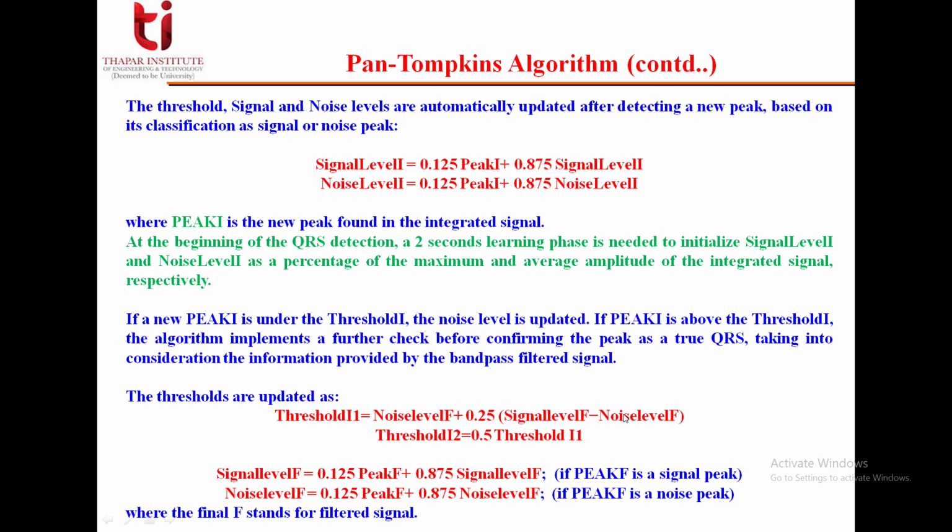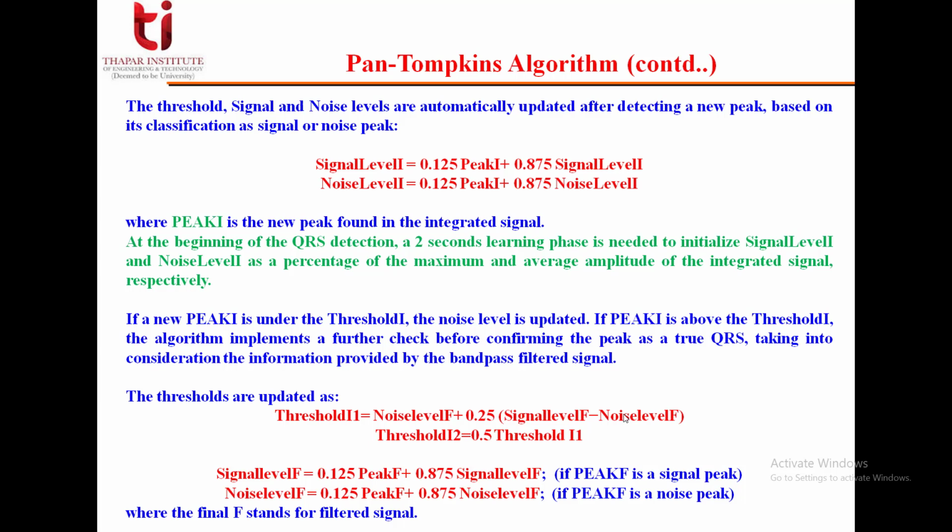Signal level 1 is calculated as 0.125 peak 1 plus 0.875 signal level 1. Similarly, noise level 1 is equal to 0.125 peak 1 plus 0.875 noise level 1, where peak 1 is the new peak found in the integrated signal.